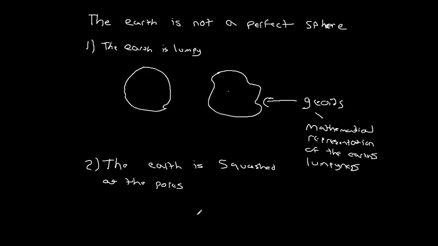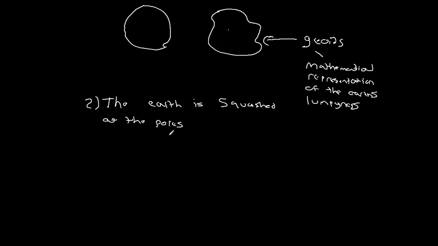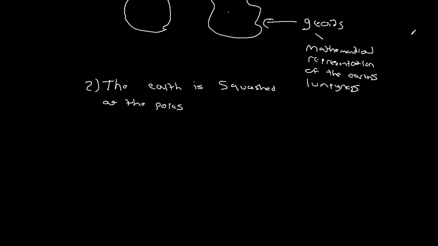Okay? So to state that in picture form, again, our assumption here was that the Earth is this nice, perfect sphere. When in reality, again, I'm exaggerating this slightly, the Earth is more like this.